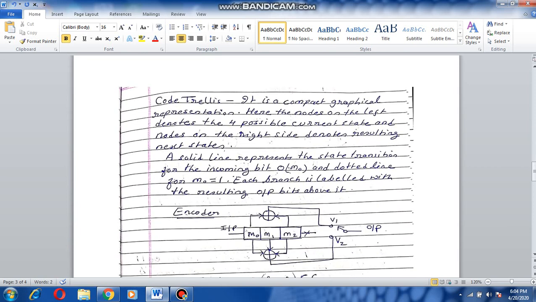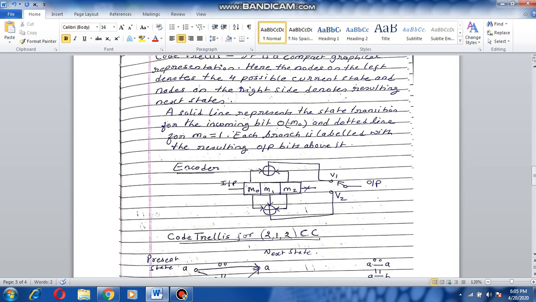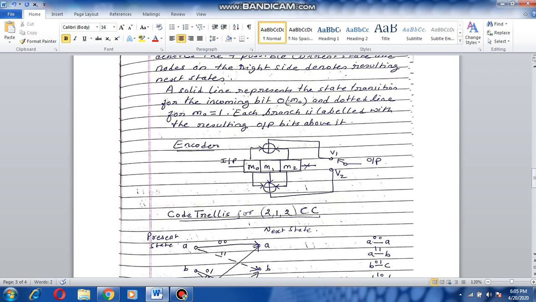So code trellis is the compact representation of the code tree. We have seen that code tree is an elaborate graphical representation that takes more time as well as more space. Code trellis is a compact representation, and whatever information is there in the code tree can be depicted in the code trellis as well. The same encoder we are taking in code trellis.